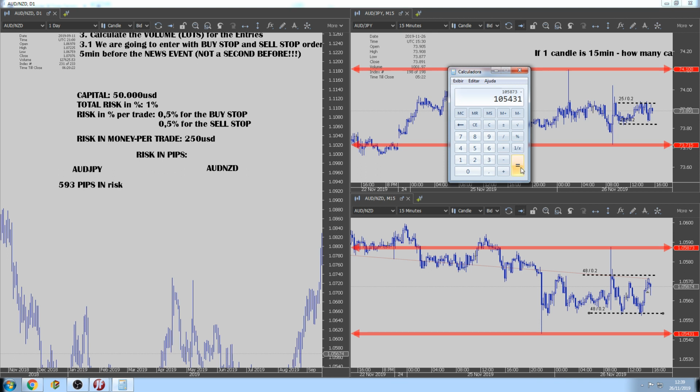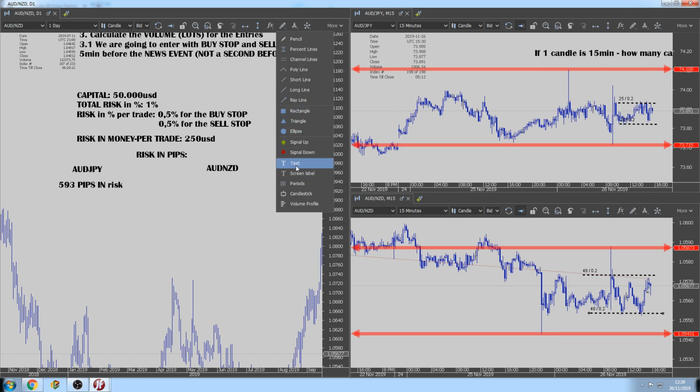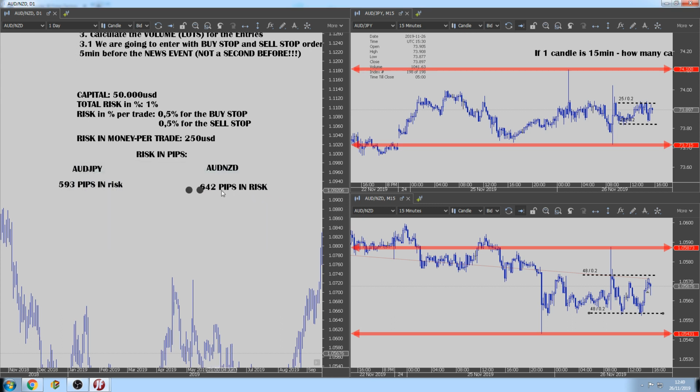It's without the comma. So I have 442 plus 200, 642. So it's 642 pips in risk for the AUD/NZD.